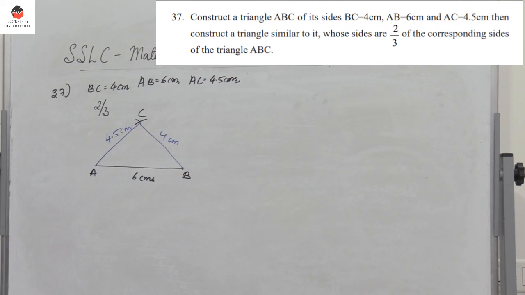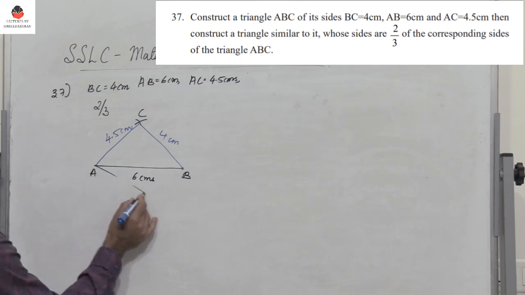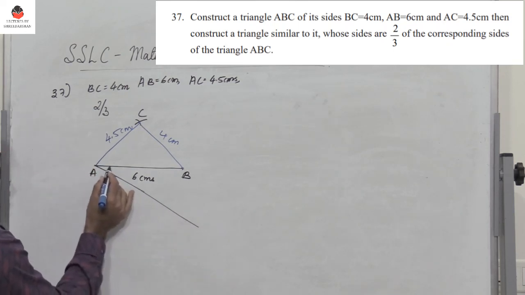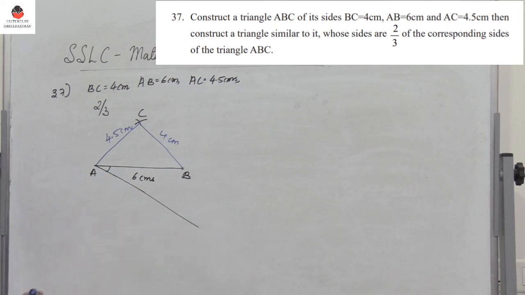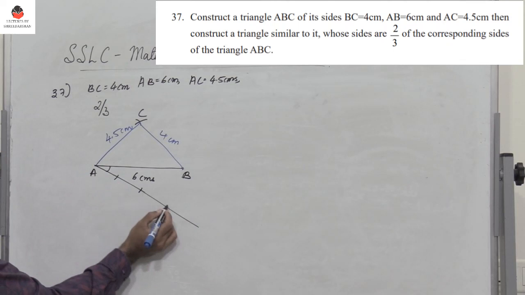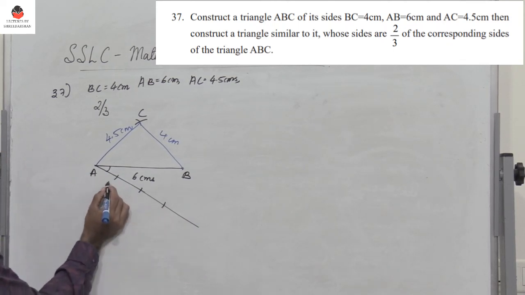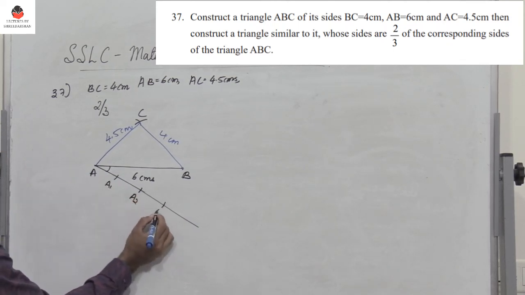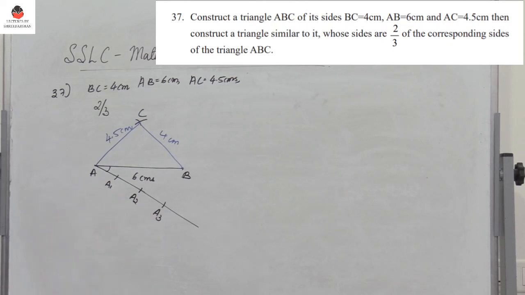Right? So now I need to construct another similar triangle whose sides are 2 by 3 corresponding to the triangle ABC. So for that, what has to be done? Draw a line making an acute angle, right? And taking an equal length, construct or mark 3 arcs, so A1, A2 and A3, right?